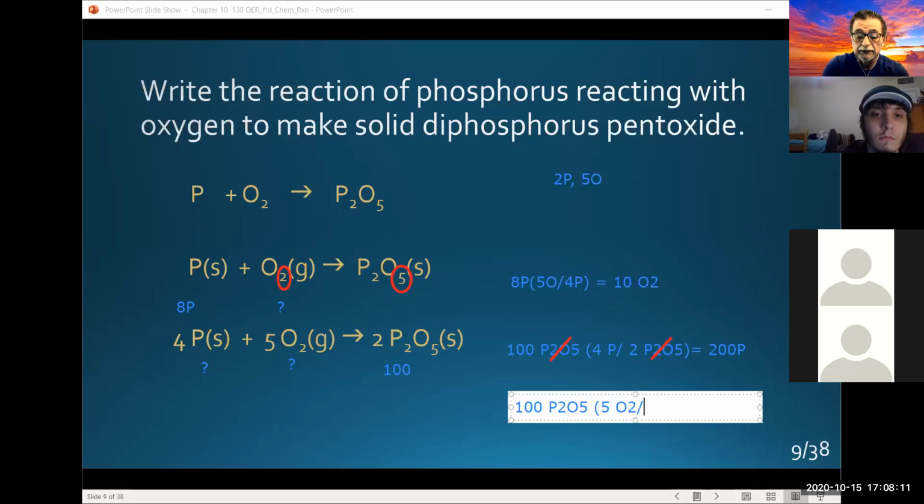And then it is 2 P2O5, that is my ratio between the P2O5 and oxygen. So how much oxygen would I need to make 100? 250. Got it.